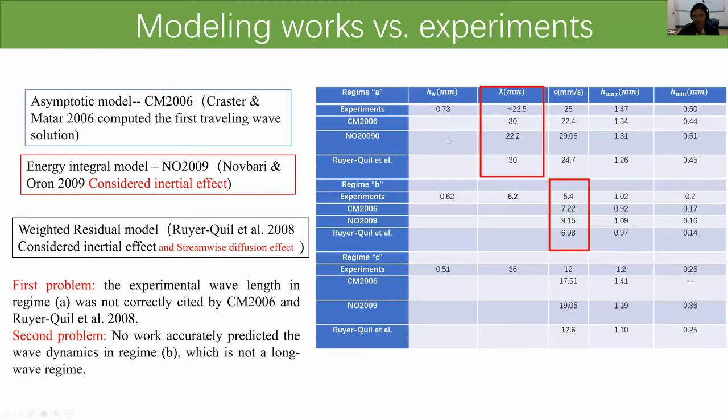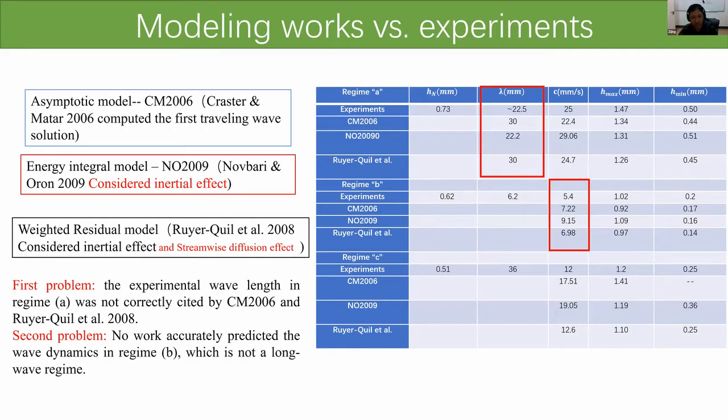And we find that they correctly use the wavelengths from the experiment, but their predicted wave speed is higher than the other models.